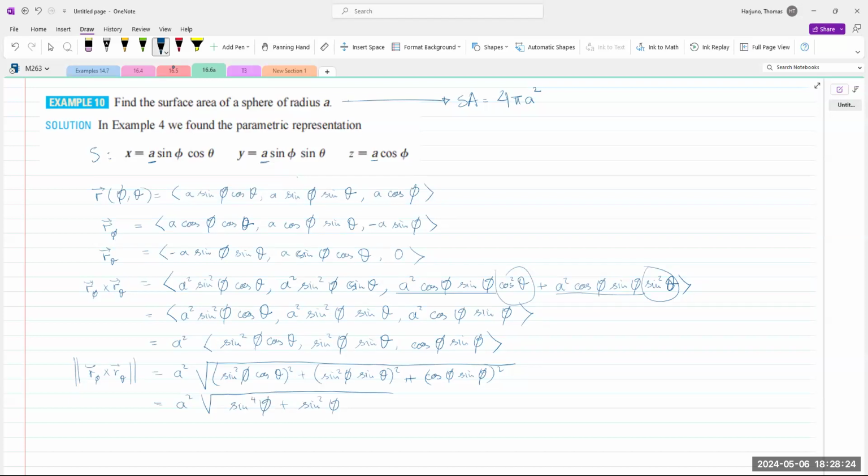Then the last term is sine squared phi cosine squared phi, whose common factor is sine squared phi. Under the square root, that will be sine phi times the square root of sine squared phi plus cosine squared phi, which is 1.